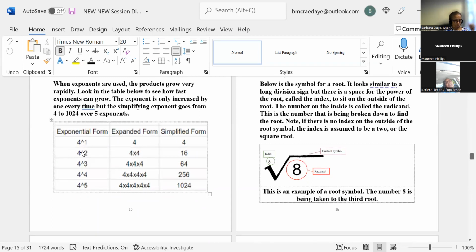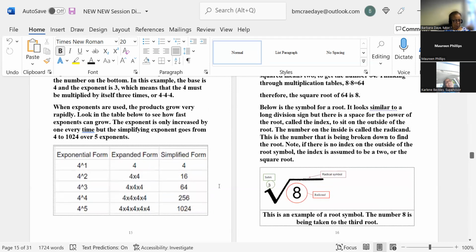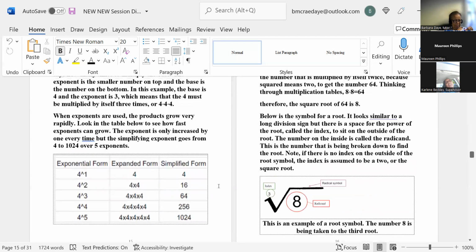If it's to the 2nd power, it's 4 times 4, and that's 16. 4 to the 3rd is 4 times 4 times 4, which is 4 times 16, and that's 64. Then 4 to the 5th power, 4 times itself 5 times, gives you 1024. So your number really increases pretty fast.